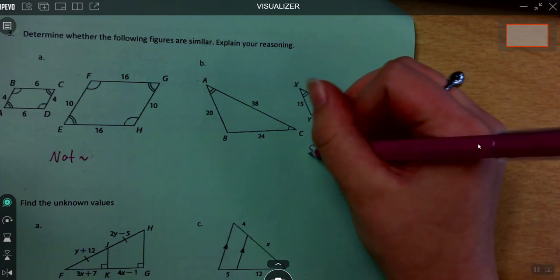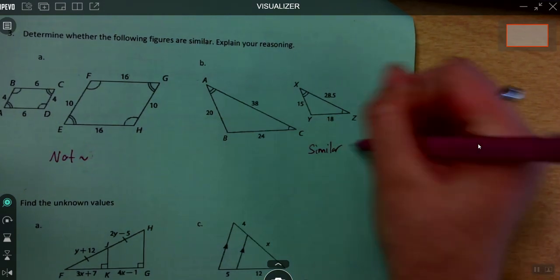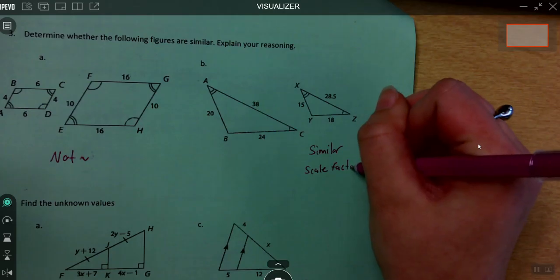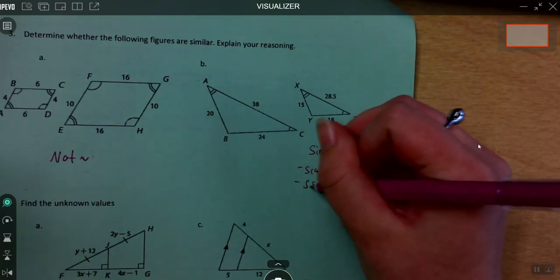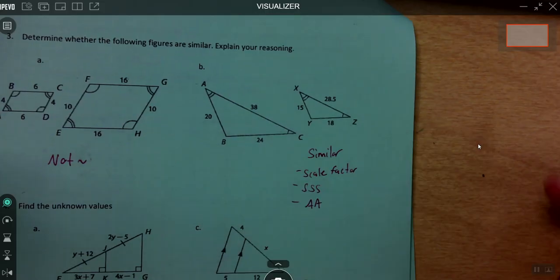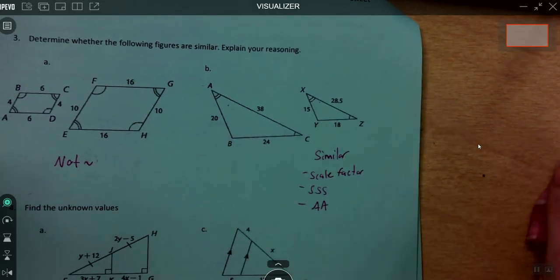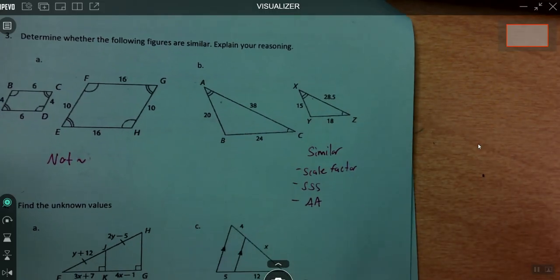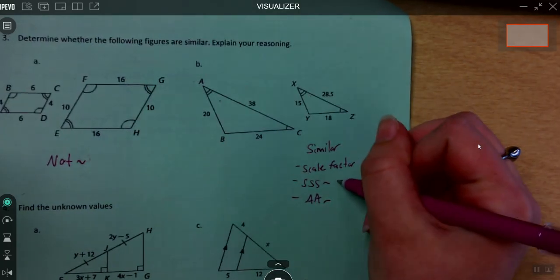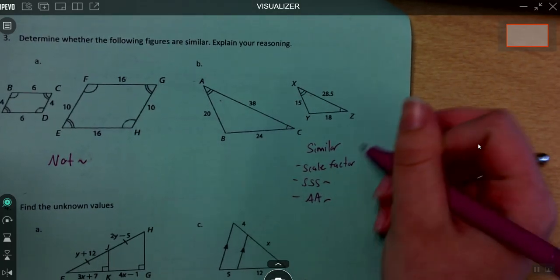Similar, why? Scale factor. Side, side, side. What was the last one, Elijah? So I accidentally gave you the two angles, so you could have just looked at it and figured that out. But I was very happy if you did side, side, side, or scale factor. That's what I wanted you to do.